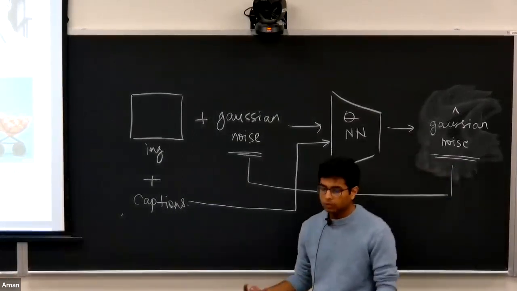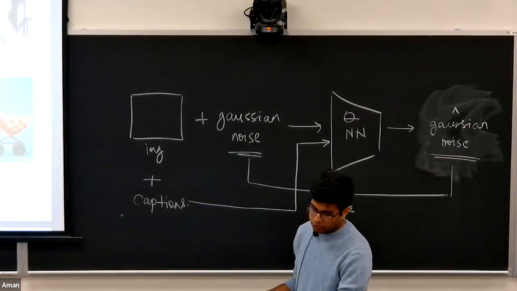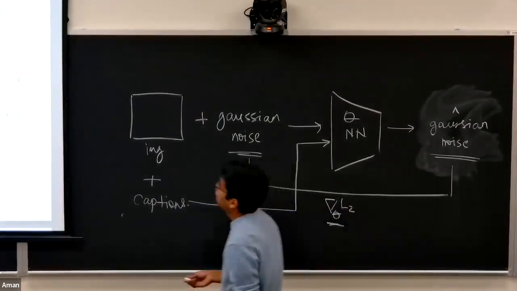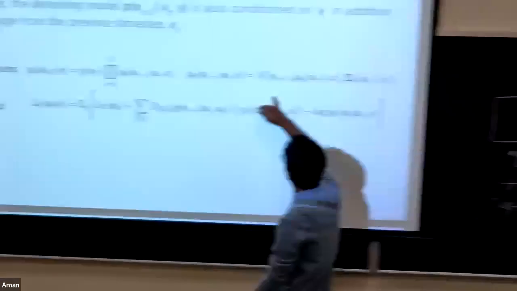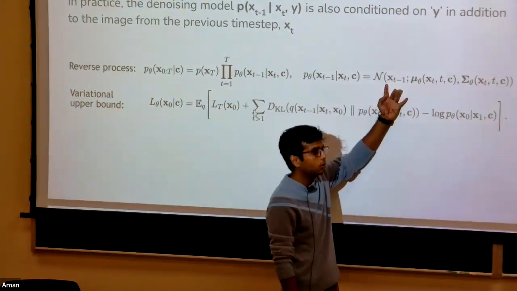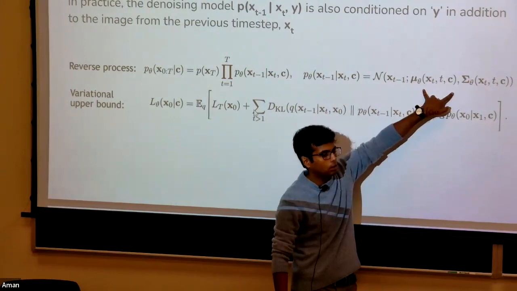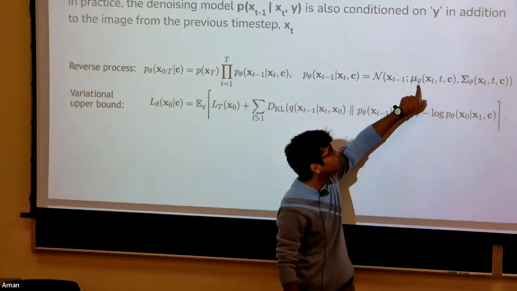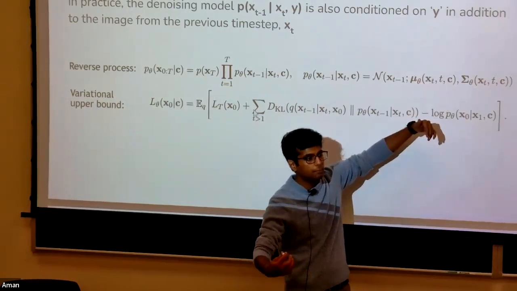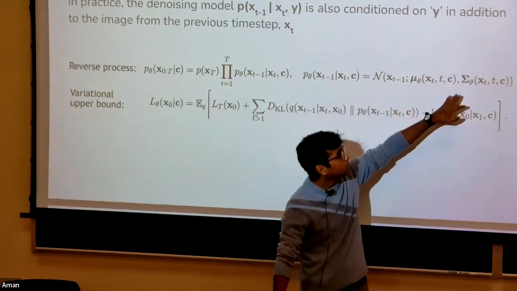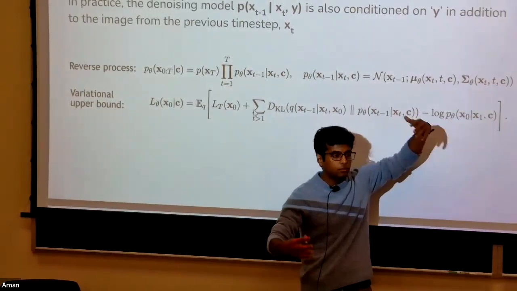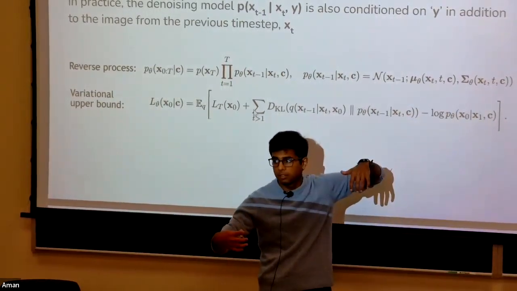So the only thing that you're changing is the posterior function that we were approximating as a neural network, where the neural network has two different branches. The first branch is predicting the mean of the distribution from which we are sampling the image, and the other is predicting the standard deviation of the distribution from which we are sampling these images.